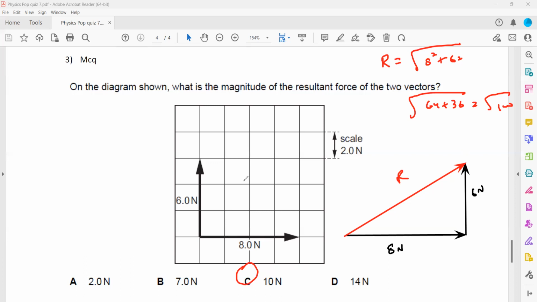You can use a scale diagram as well. You complete this figure. This is 8 Newton, this is 6 Newton.